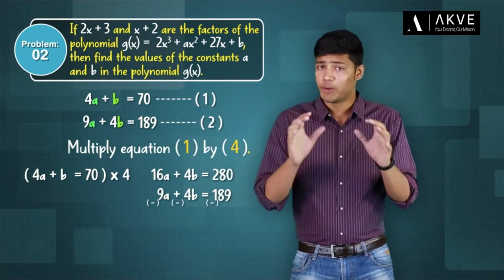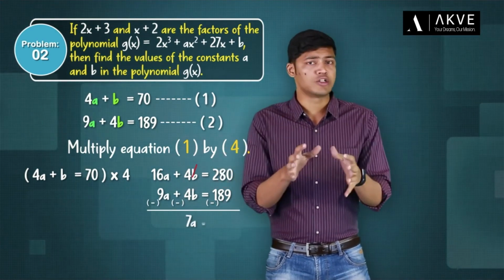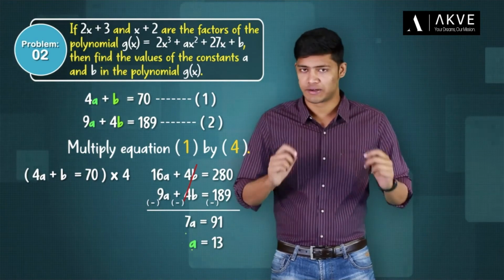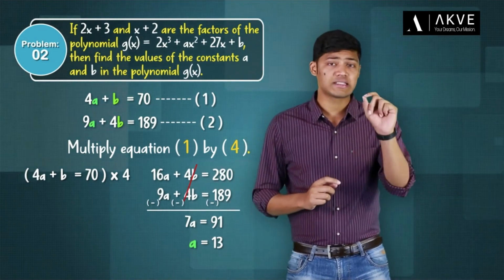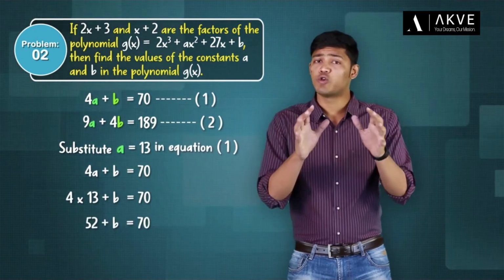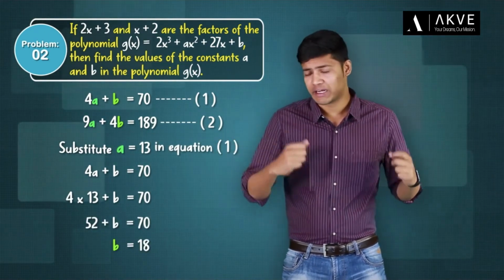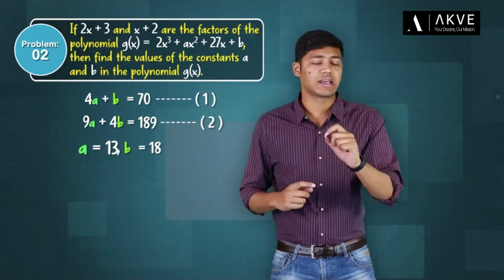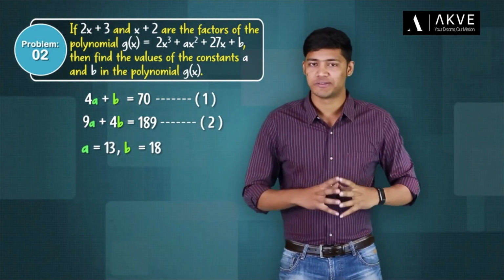Doing so, we will get 7a equals 91, which implies that a is equal to 13. Now substituting a equal to 13 in the first equation, we will get the value of b equal to 18. So therefore, the values of a and b are 13 and 18 respectively.